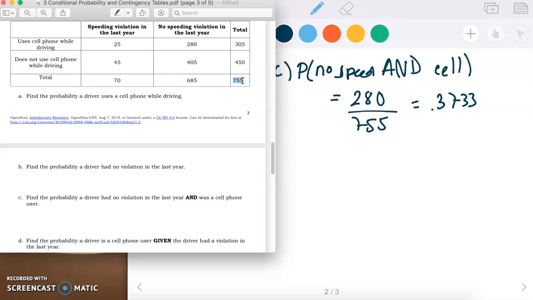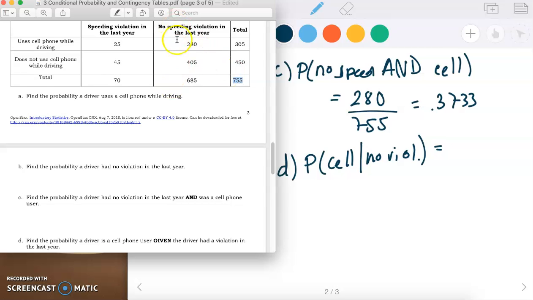Let's look at part D. Part D says find the probability a driver is a cell phone user given the driver had a violation in the last year. So we're saying probability that they are a cell phone user given that they had no violation. Or no, yeah, I'm just going to write no violation. So that means that we're only considering people in this no speeding violation.